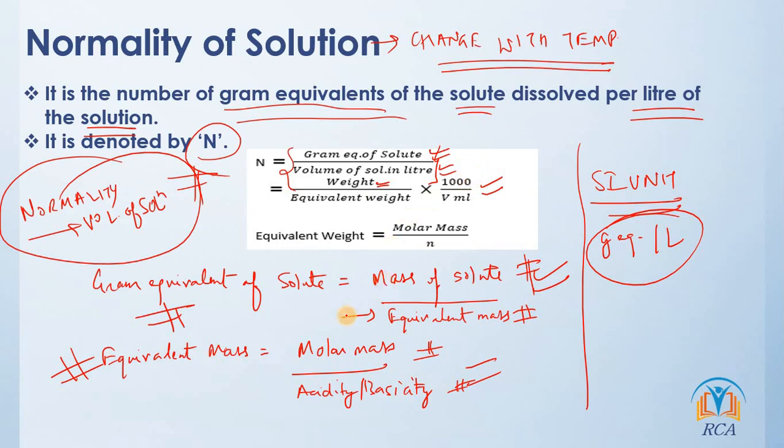So if someone asks what is the best unit of concentration amongst molality and normality on the basis of temperature, molality is the best because it will not change with temperature, whereas normality changes with temperature, just like molarity was changing with temperature as well. Do we all understand this? Great. Let's move on to the next thing.